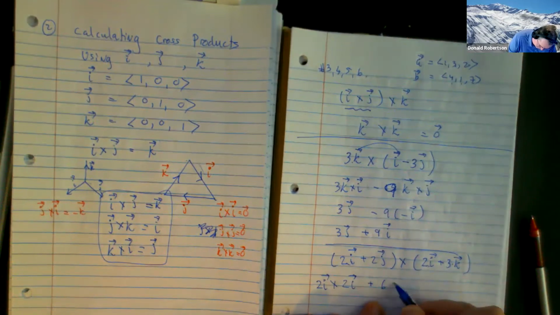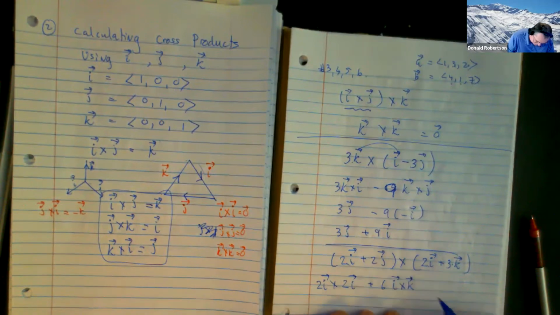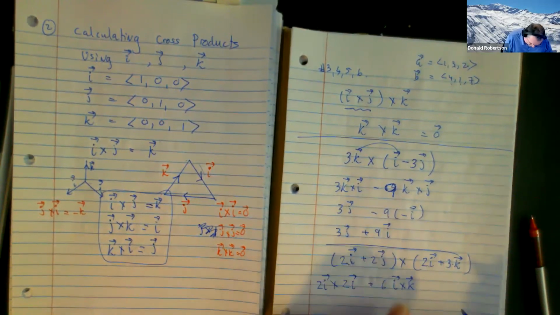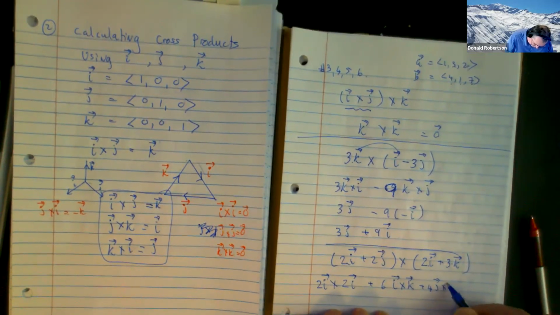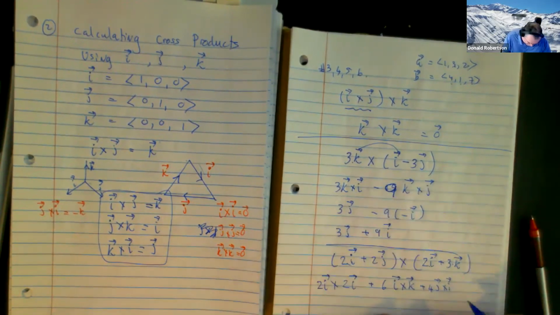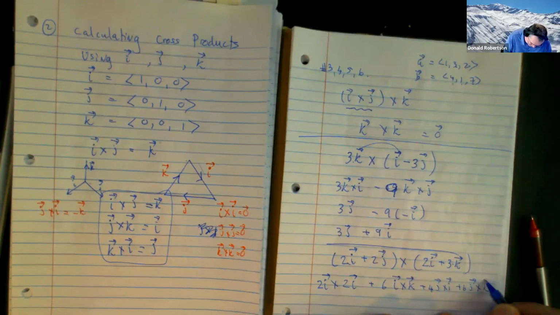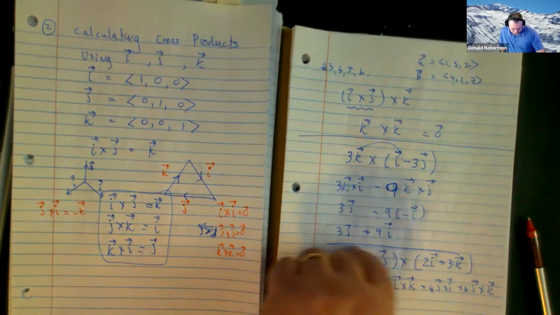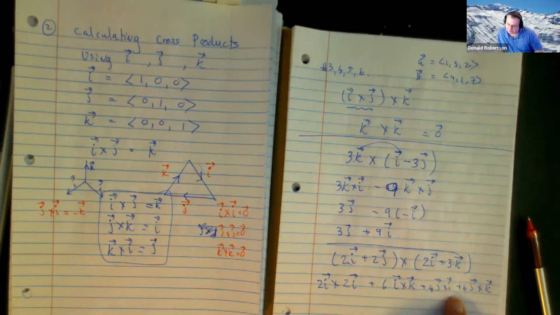That's going to get you 6i cross k. Probably should have done them while I was at it. You go this one, you're going to get 4j cross i's. If you do this last one, you're going to get 6j cross k. So 1, 2, 3, 4, essentially FOIL. Have you noticed that you write down the cross rather than just say AB? You write down the cross.